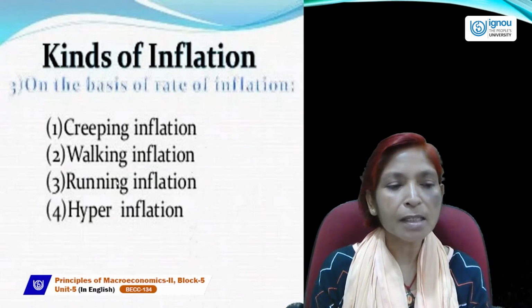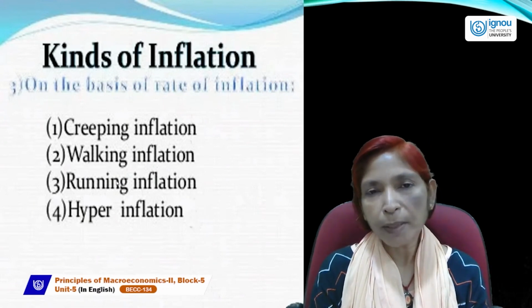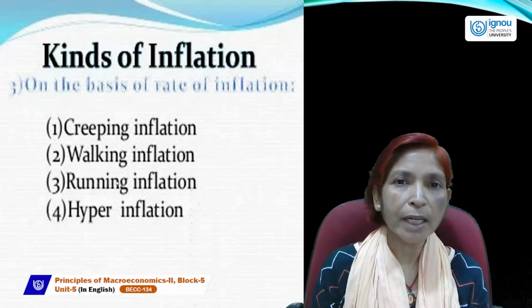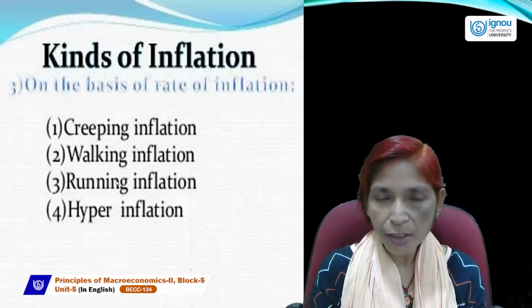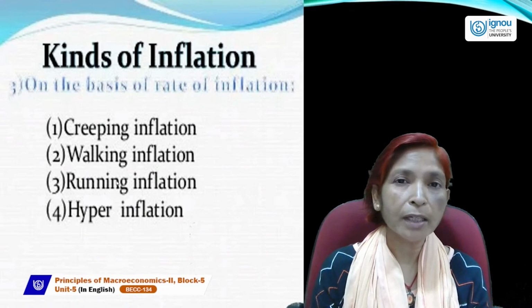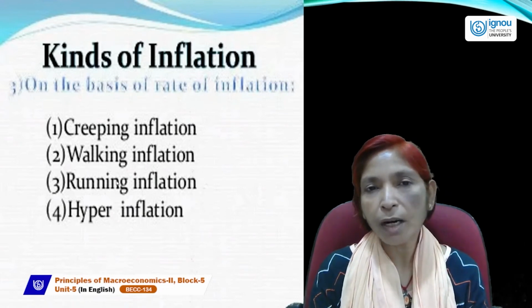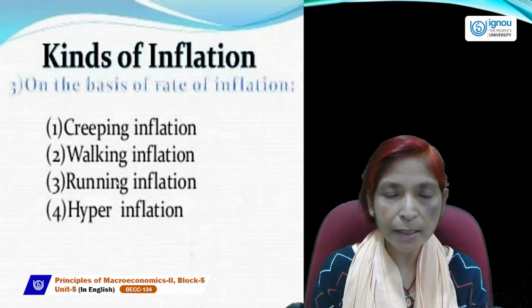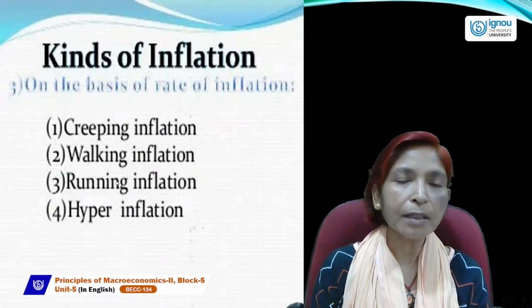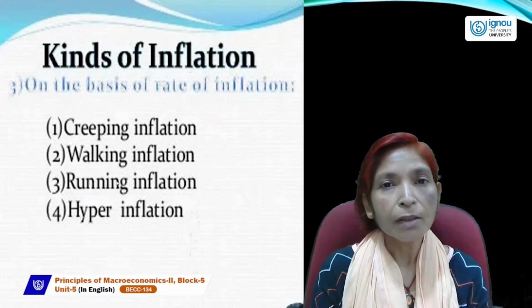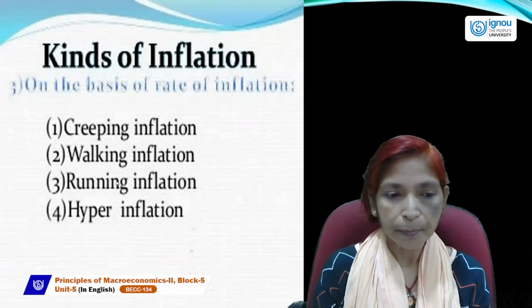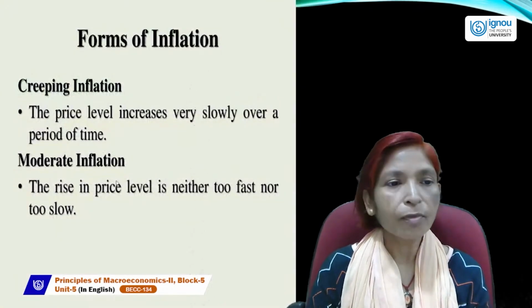If price increases from 10% to 12%, or the inflation rate is at the two-digit level, that is running inflation. And if the inflation rate increases to 50% or 100% or 200%, that is hyperinflation, which is always bad for all the economies. Next is forms of inflation.